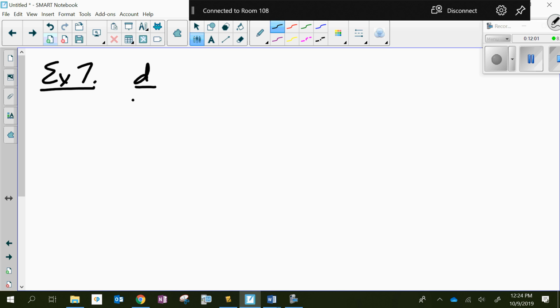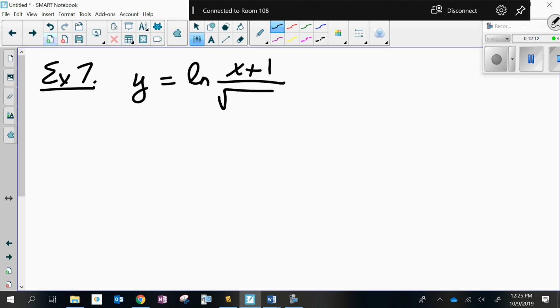All right. On this one, let's say y is ln of x plus 1 over radical x plus 2. Now, I want you to simplify using your log rules first. So let's do that together. We start with division, right?